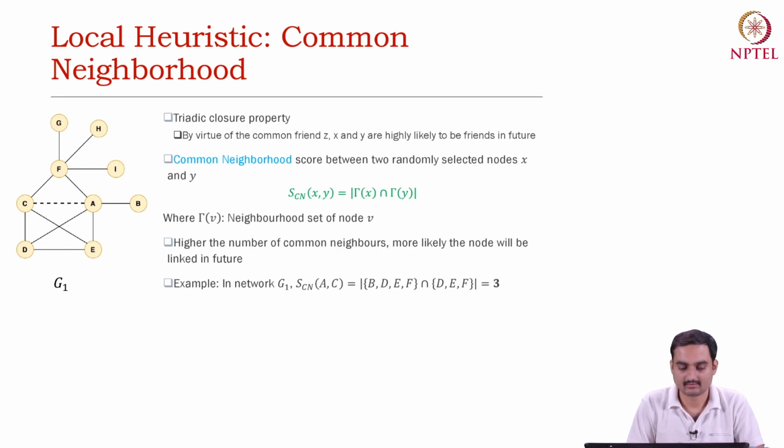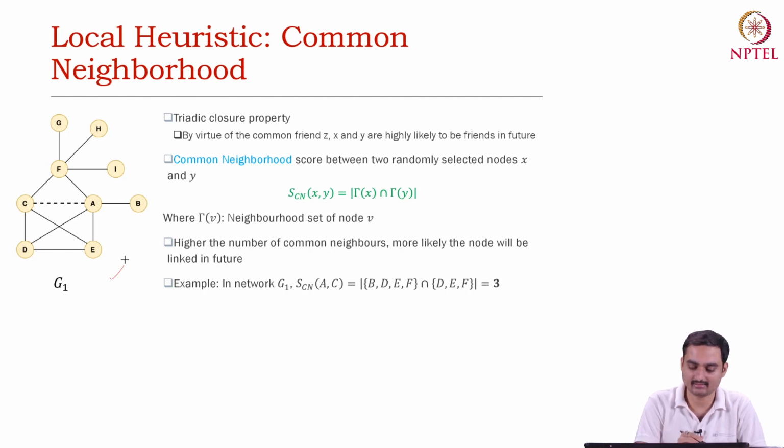So, these are some of the example metrics that we will discuss today. The simplest one is the common neighborhood similarity. It says that given two nodes x and y which are not connected, let us look at x's neighbors and y's neighbors, and the larger the common neighborhood set, the higher the similarity between x and y.